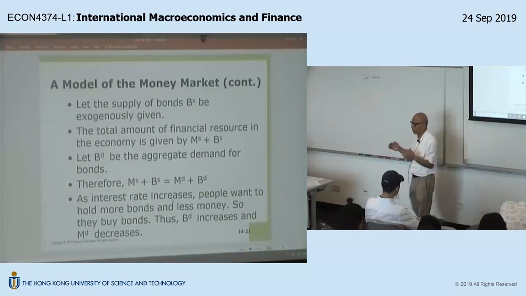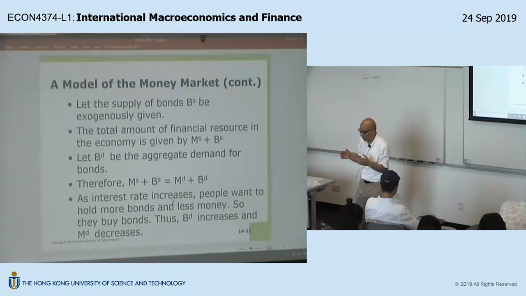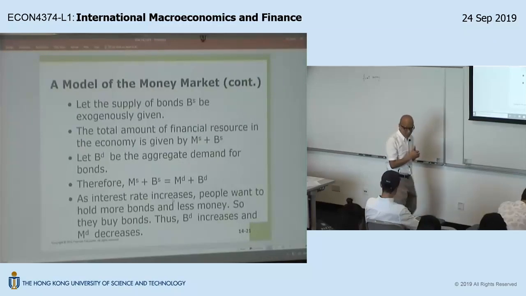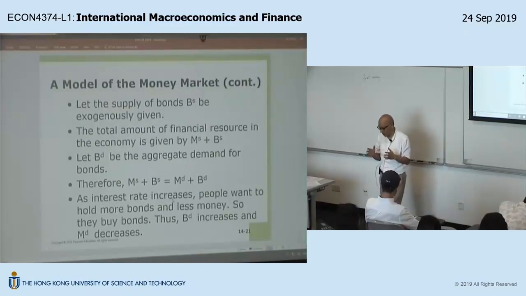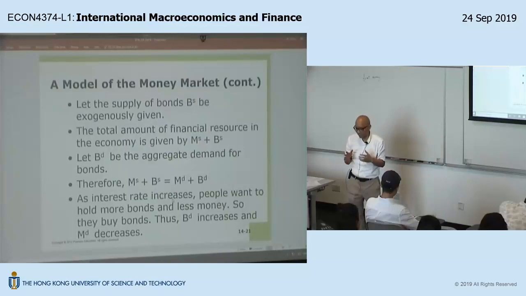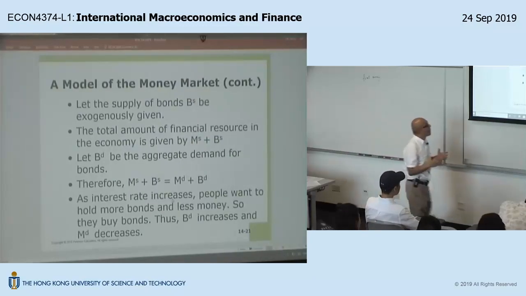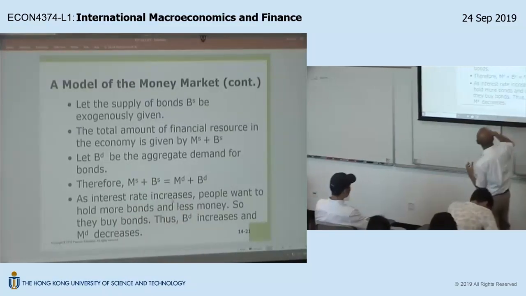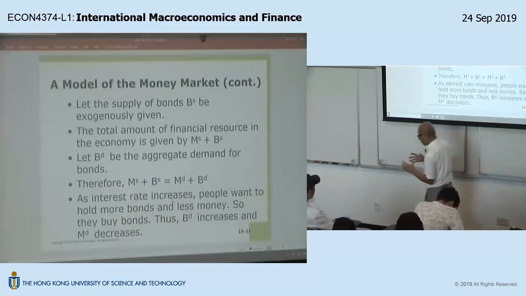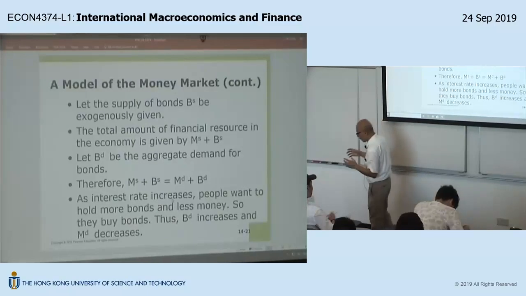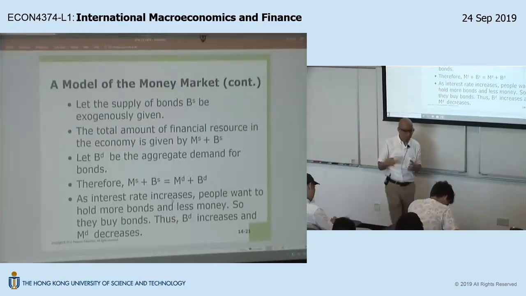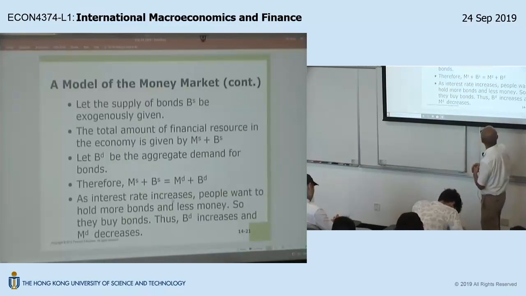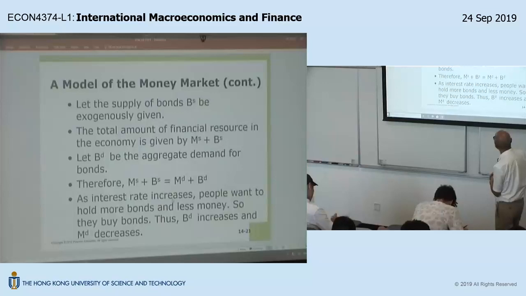Borrowers will issue bonds, right? They need to borrow money to do investment or something. So the bond reflects the demand for loanable funds. The total amount of financial resources in the economy is given by MS plus BS. People have some financial resources, and they will keep them either as bonds or as money.